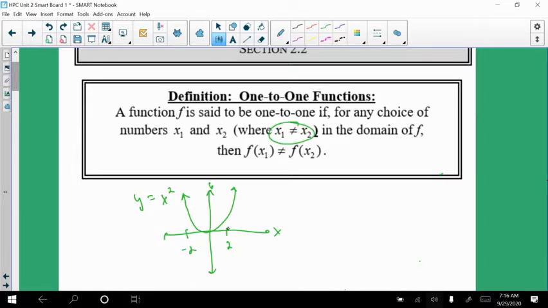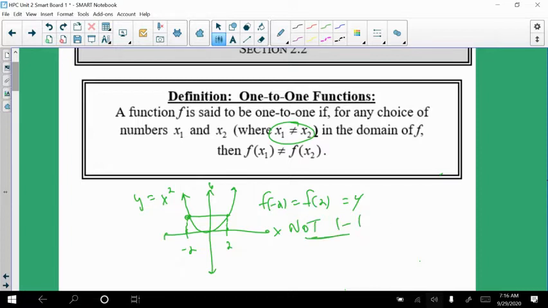The problem is both 2 and -2 give you the same y value. So f of -2 equals f of 2, which is equal to 4. That doesn't follow the guideline for being a one-to-one function, so this is not one-to-one.